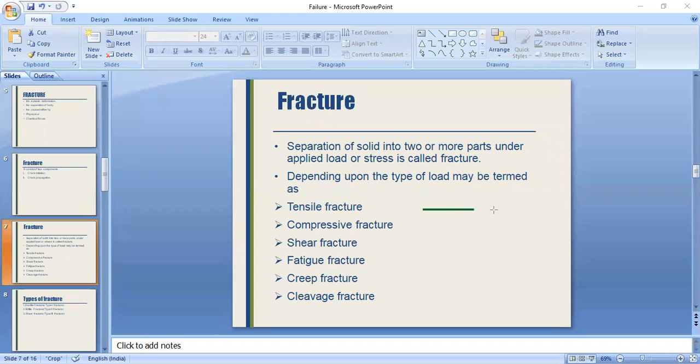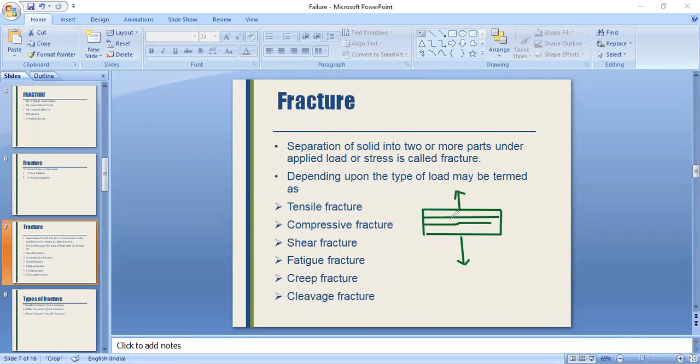Just see, this is the one material. This material is under tensile load. So this material has some capability to sustain the loads.